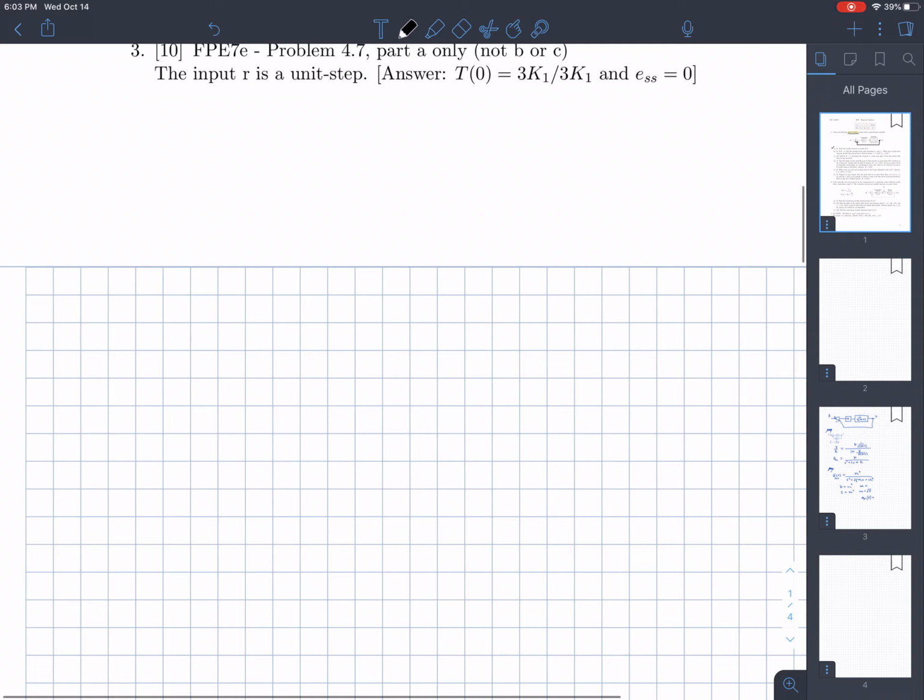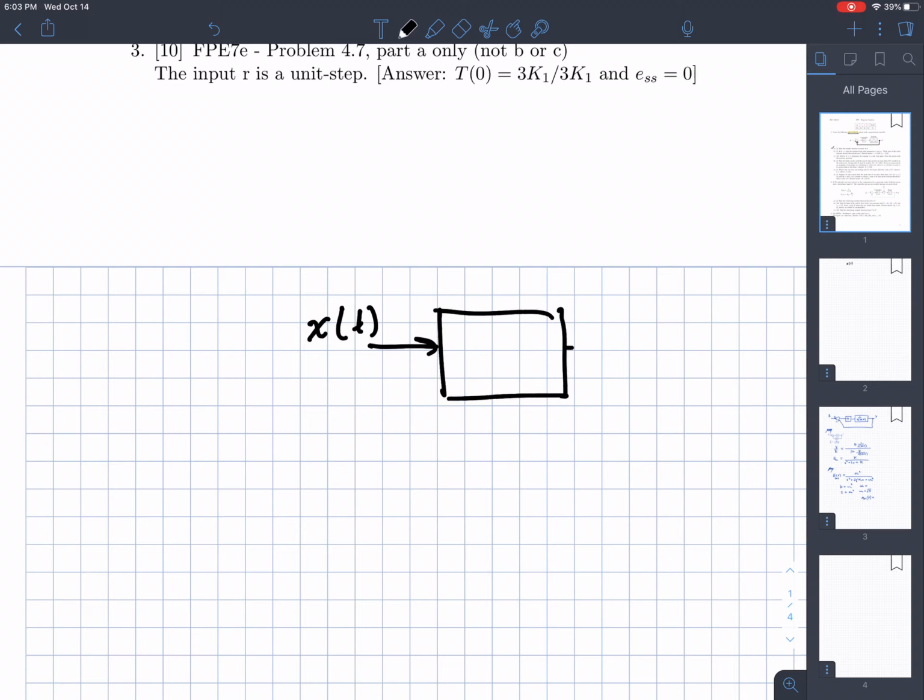All right, so far what we've come up with is that you have an input signal, make that x of t. And if you apply that to a system, we could think of this system as just a box, and maybe the overall transfer function is H of s, and then on the output you get y of t.